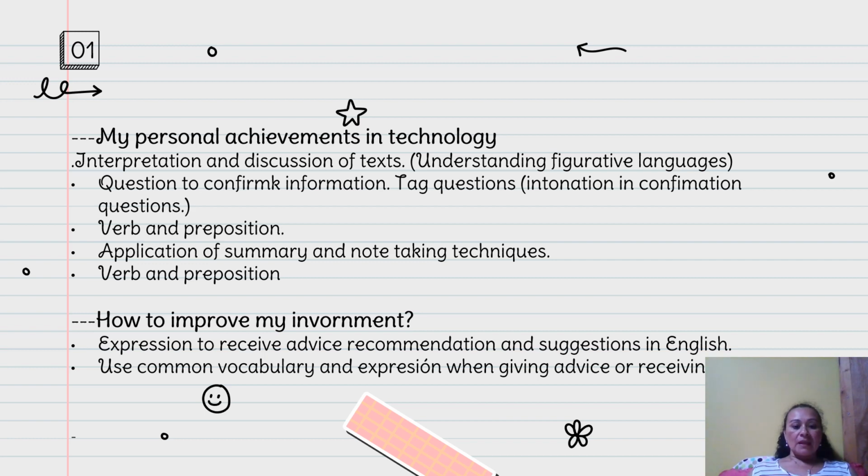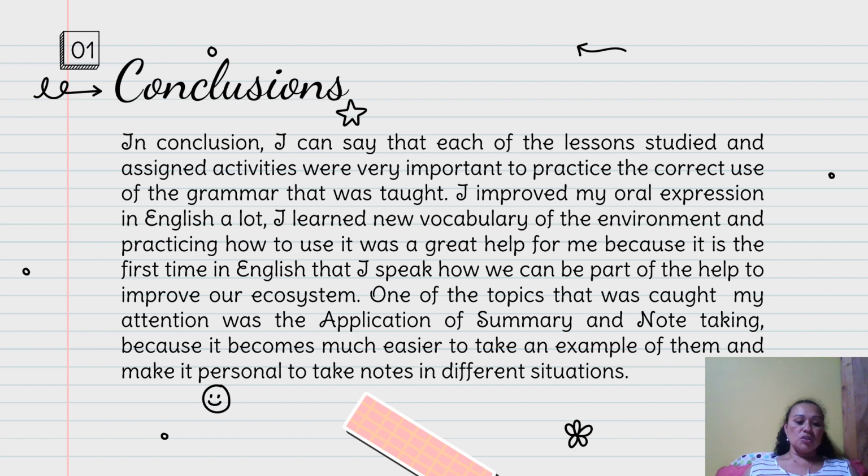And in conclusion, I can say that each of the lessons I studied and the assigned activities were very important to practice the correct use of grammar. Because of that I improved my oral expression in English a lot.